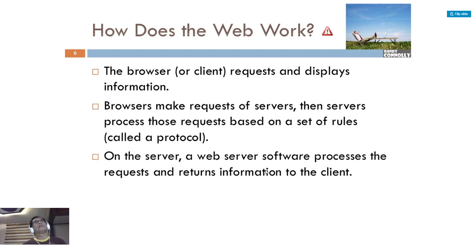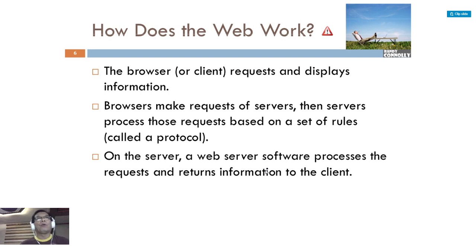Now, how does the web work? The browser or client requests and displays information. So that is the functionality of a browser. You can place the request, and the browser also displays the information.